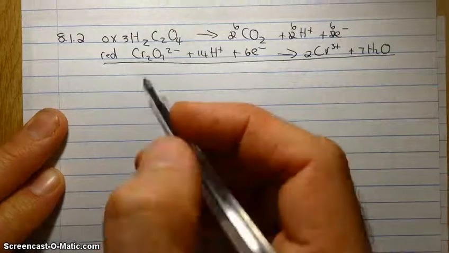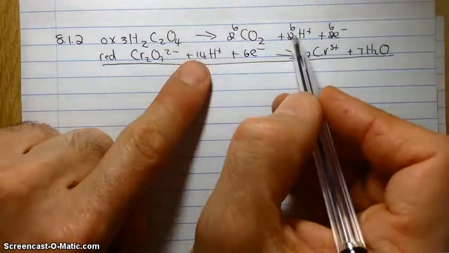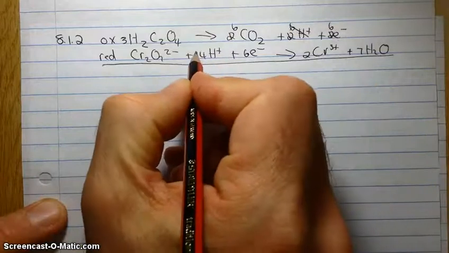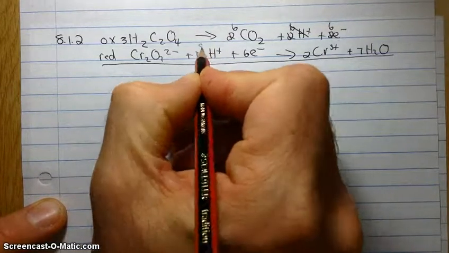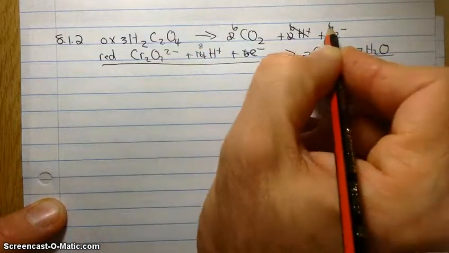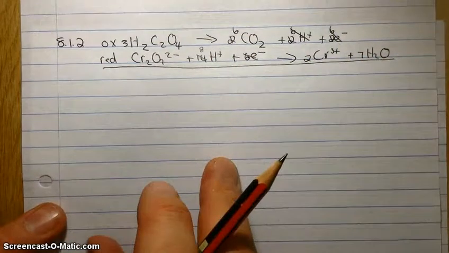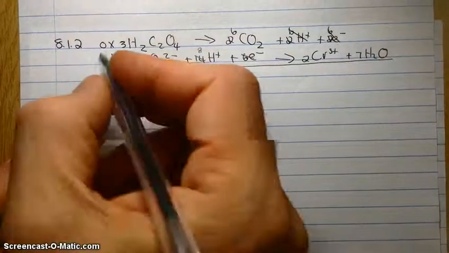Then you cancel out. Now there's hydrogens that can cancel out. So 6 hydrogens there will cancel out with 6 here, and there will be 8 left. All the electrons will cancel out, and there's no waters that can cancel out. So that's it. Then you just add the left-hand side.